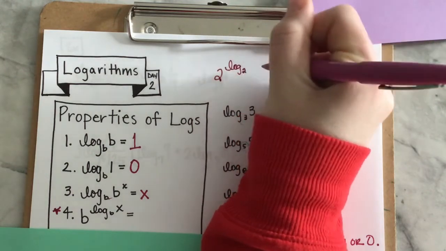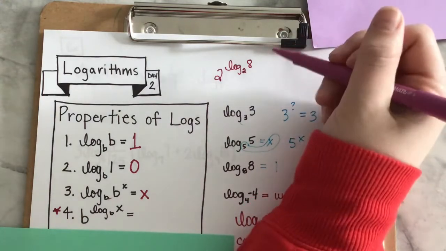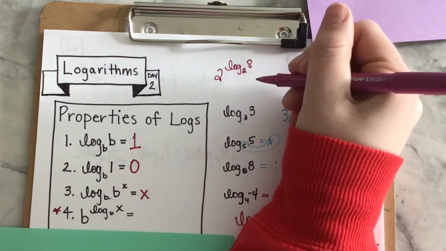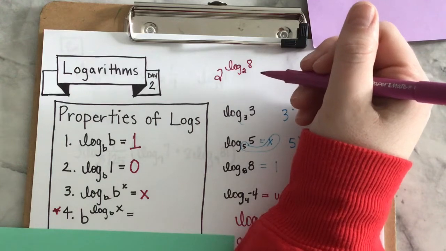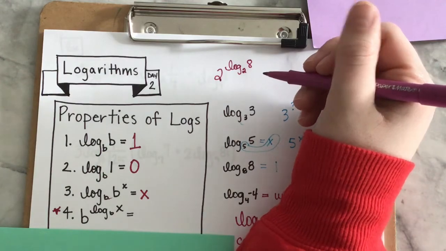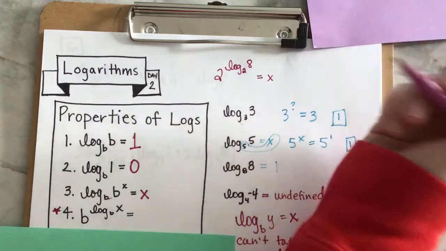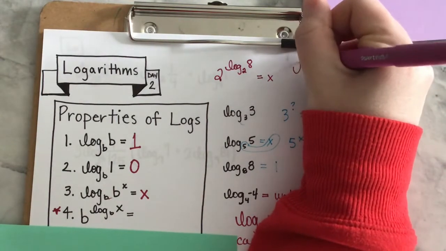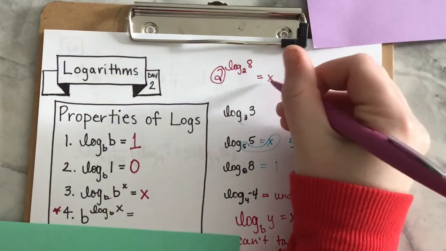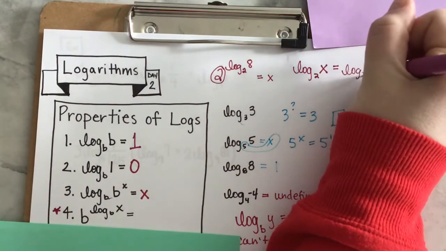If I gave you guys 2 to the log base 2 of 8, and I asked you to evaluate this. I know it looks weird because right now there is a logarithm in it, but this is actually an exponential form. Okay, so if I set this equal to x and then I change it to logarithmic form, I end up with log base 2 of x equals my exponent, which was log base 2 of 8.